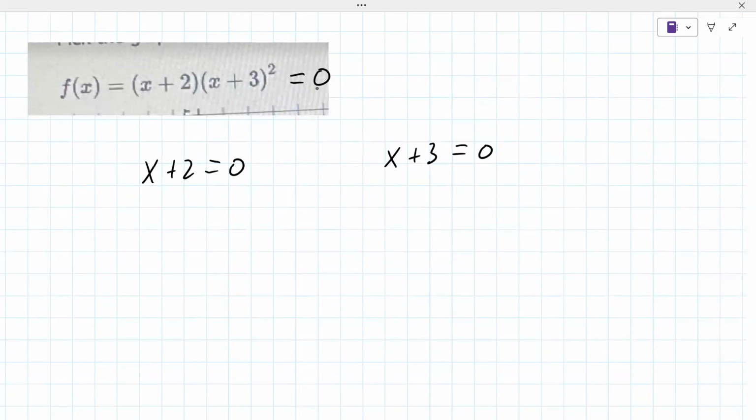Could you solve that for x for us, please? x equals -2, x equals -3.